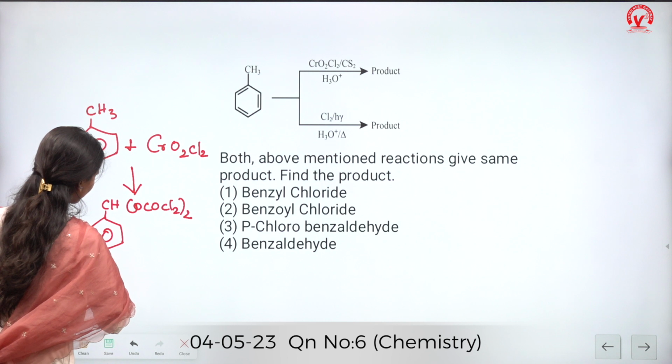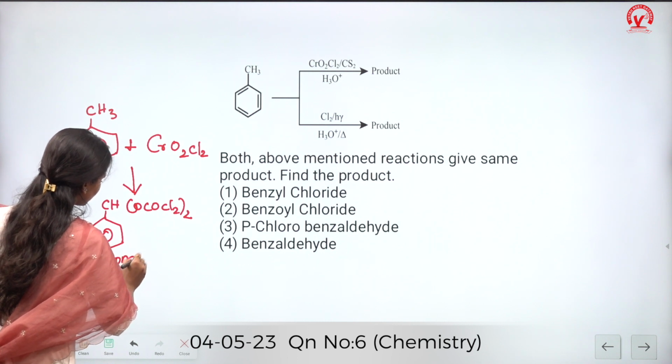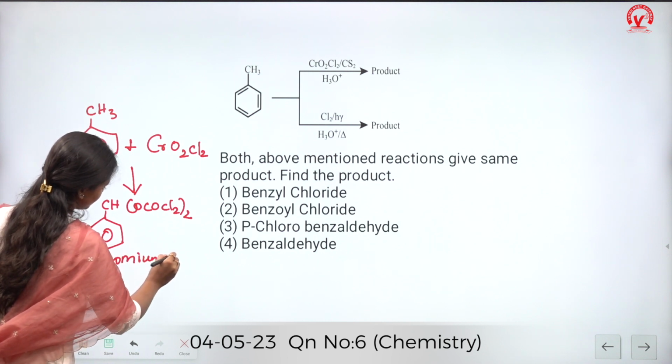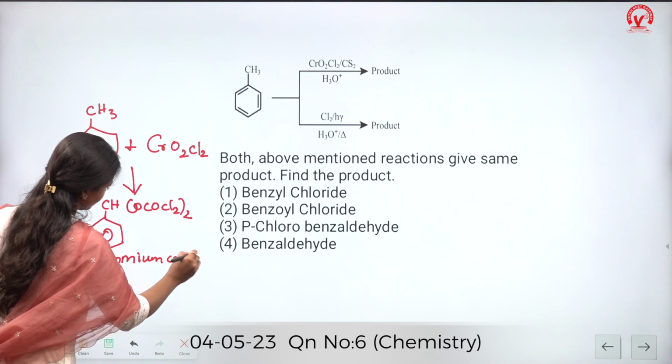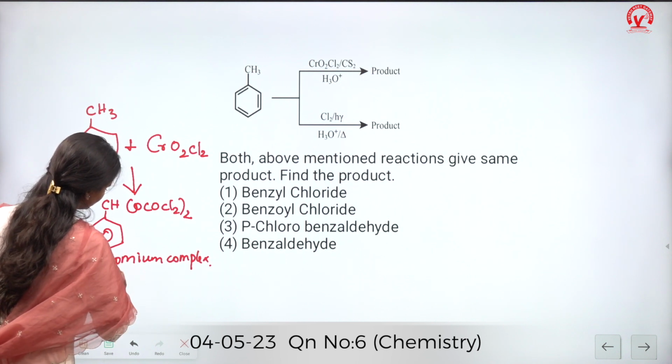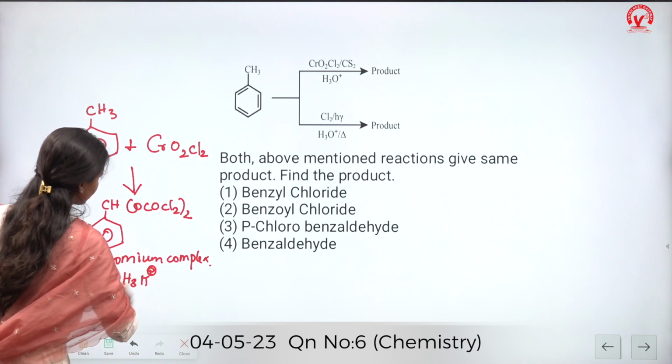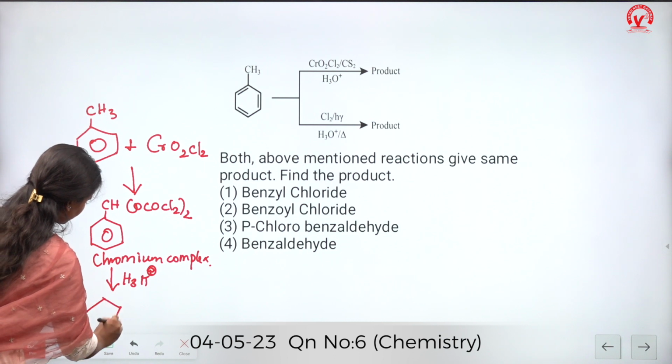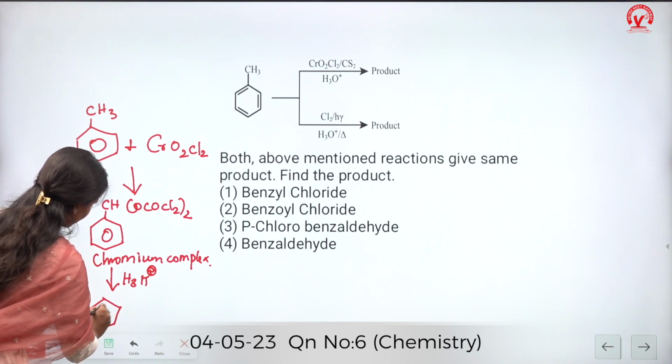It is a chromium complex, which on further hydrolysis gives benzaldehyde, CHO.